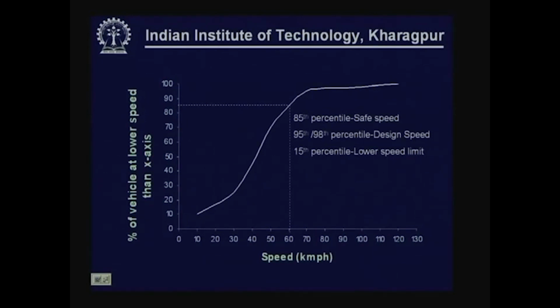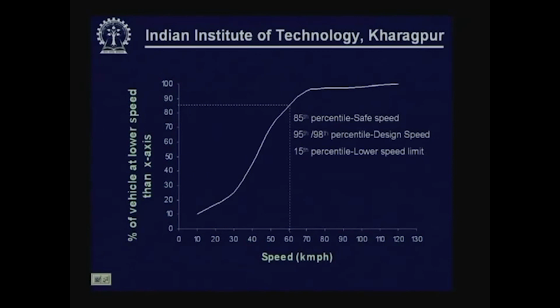From this curve, often the 85th percentile speed, which is marked on the graph, is normally taken as the safe speed limit for the road. The road system is designed with a speed which is the 95th or sometimes 98th percentile speed.